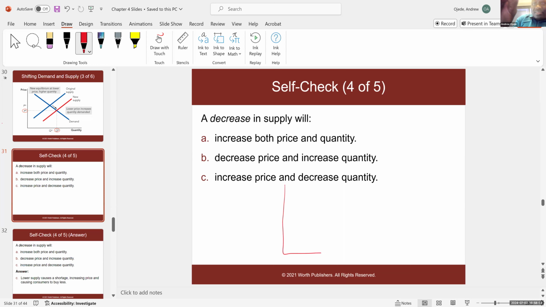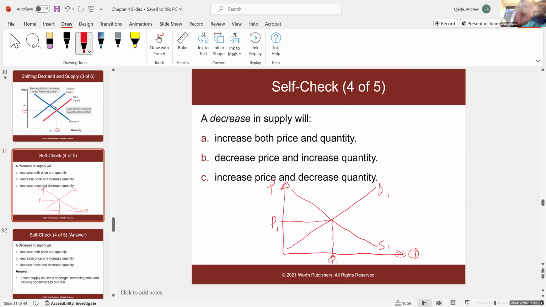So you always want to start at a point when nothing had changed. Let's say this was my initial supply curve, S1, and this is my demand curve, D1. This was my initial equilibrium quantity, Q1, and equilibrium price, P1. Now, suppose there is a decrease in supply.